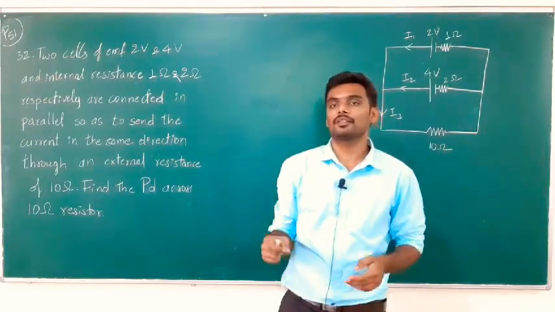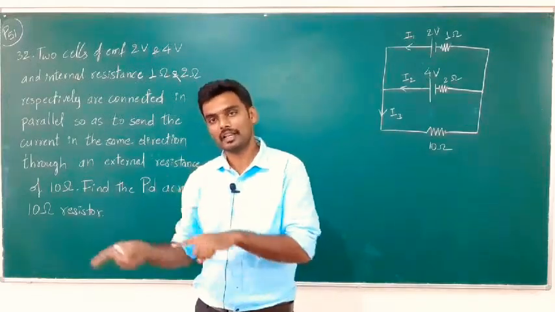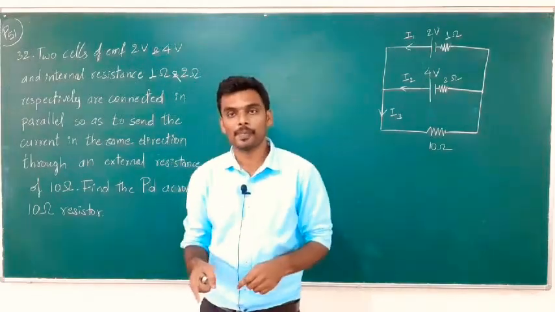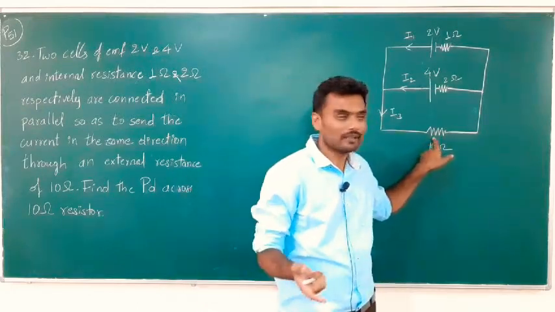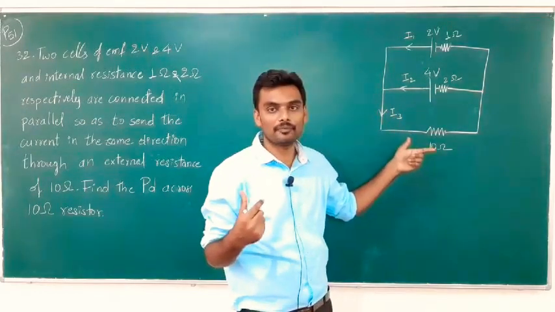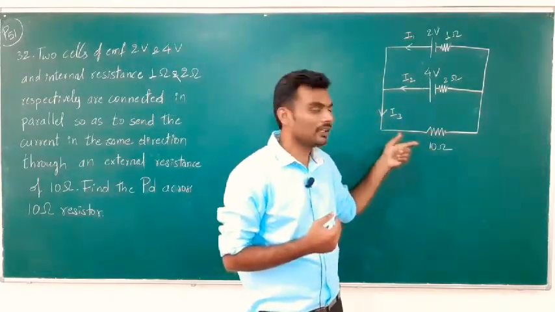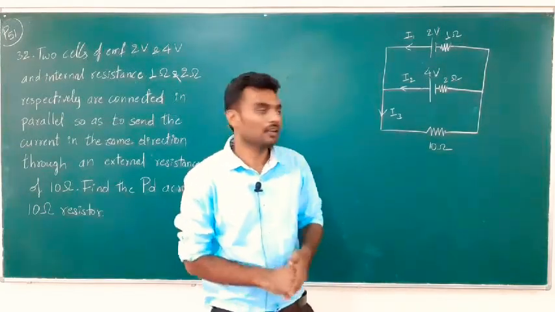Once again, you can make use of KCL and KVL, similar to what we did in the last problem, the 31st, and you can solve for the current through this resistor, I3. Once you have the value of I3, put that into V is equal to IR, Ohm's law.